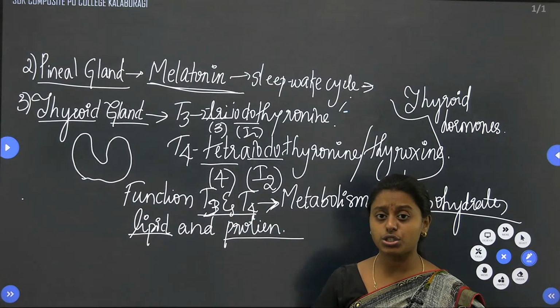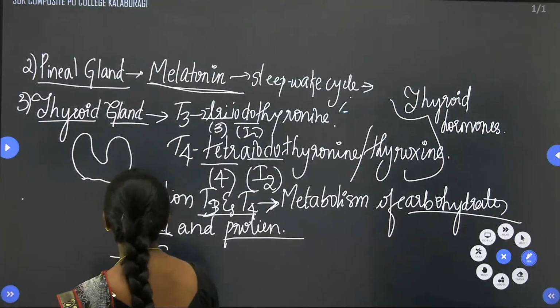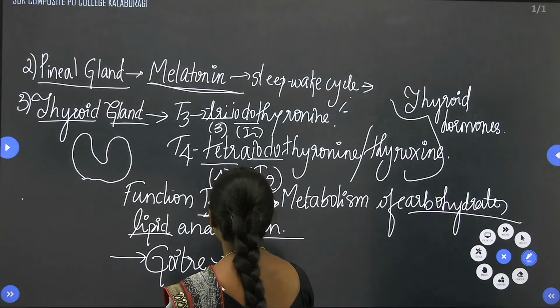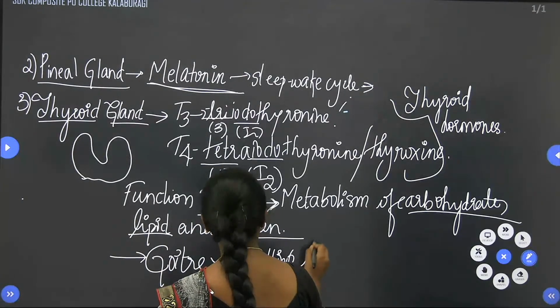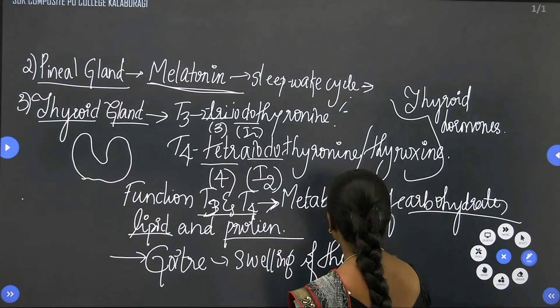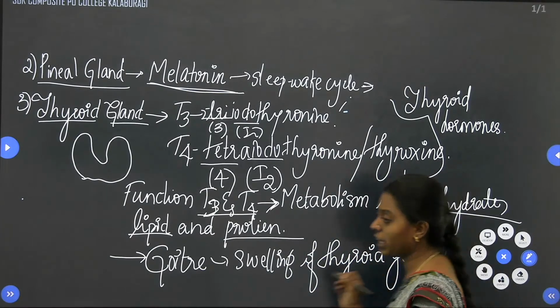If there is very less secretion of T3 and T4 hormones, then it leads to a condition called goiter, that is swelling of the thyroid gland.